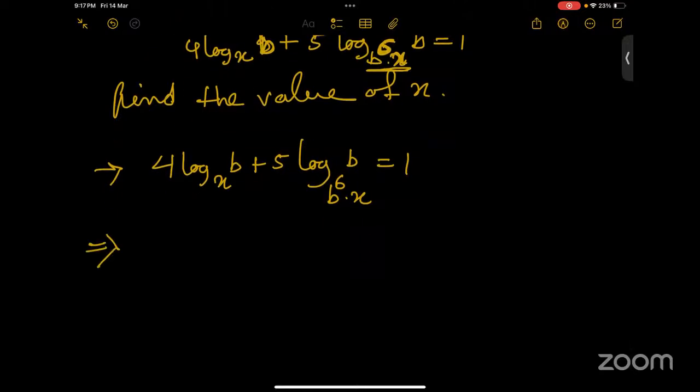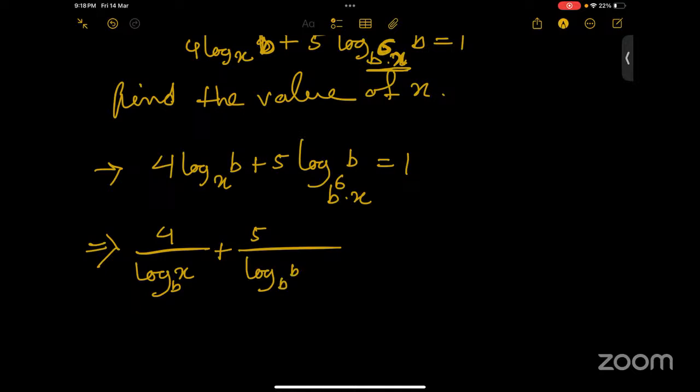So if I use the change of base formula, we can write it as this. This is what we have.